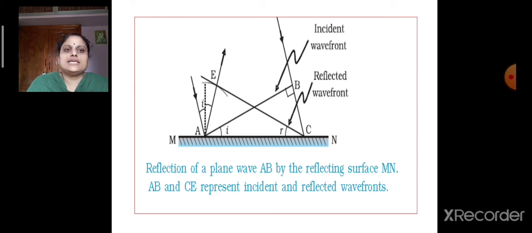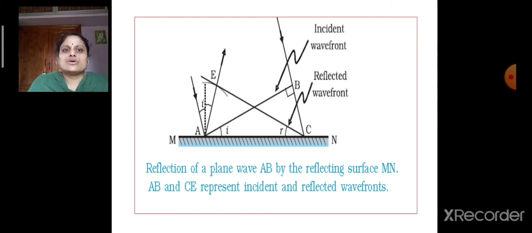So CE is our reflected wavefront and AB is our incident wavefront. If we draw a normal at the point A, we get the angle of incidence I, and the angle of reflection R will also be got from the reflected ray AE.